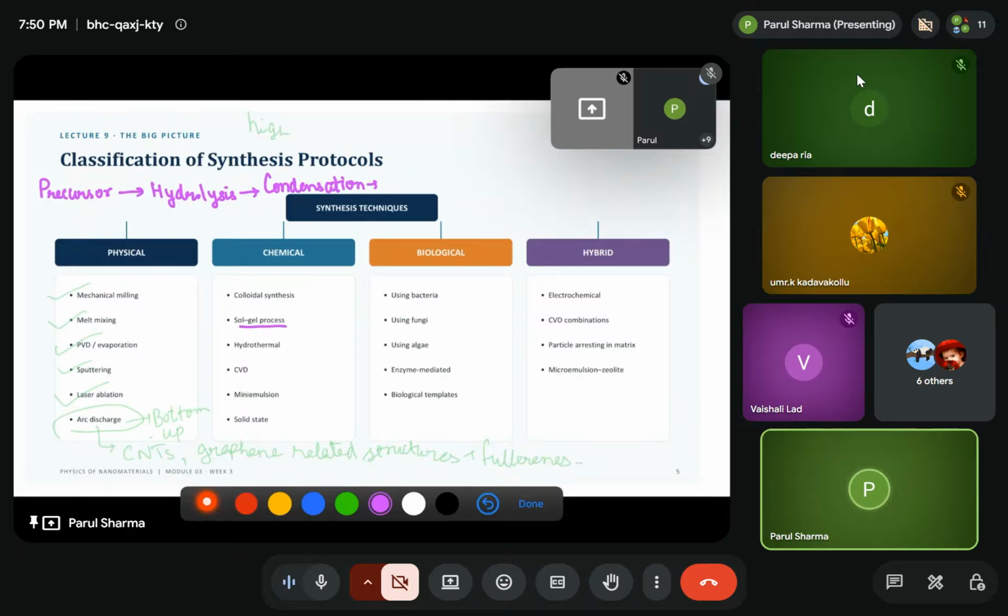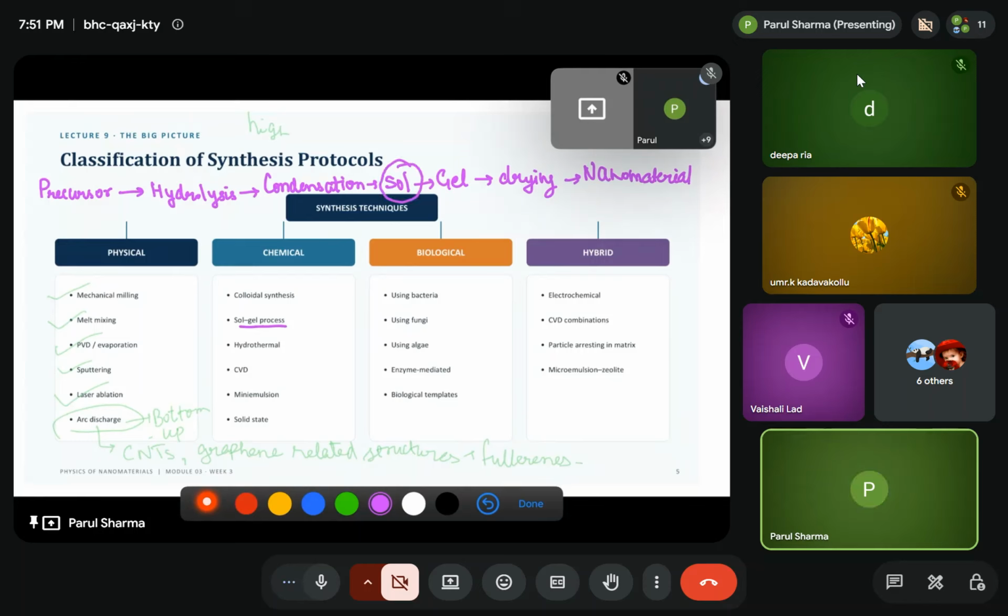Then the colloidal solution, the sol, is formed, then it will create the 3D network, then it will get dried, and then the nanomaterial is formed.